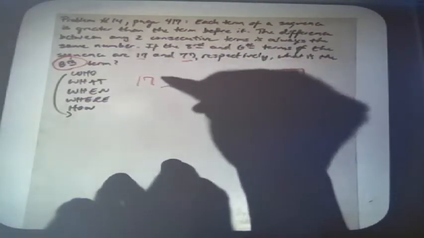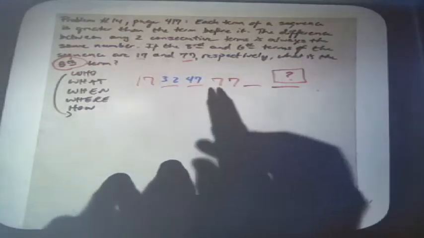It's going to be 32. So if this thing was increasing by 15, then the next term would be 15 greater than 32, which would be 47, which leaves a difference between 47 and 77 of not 15. So we know that 15 isn't going to work.